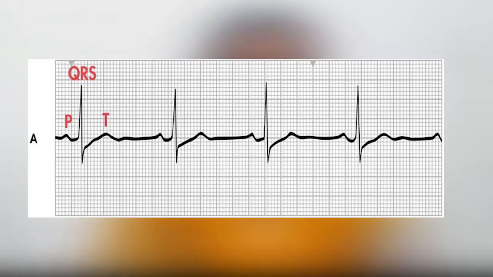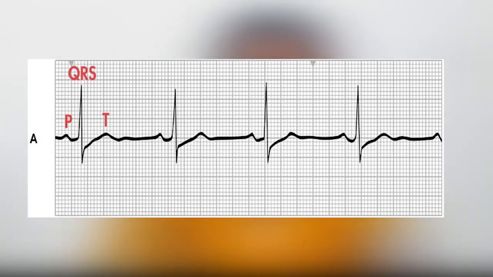Now, we can see the characteristics of sinus bradycardia. The ventricular as well as the atrial rate is usually less than 60 in an adult.